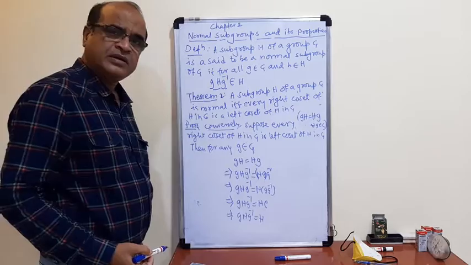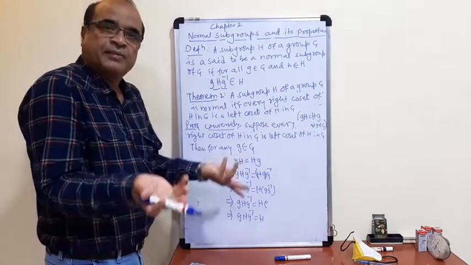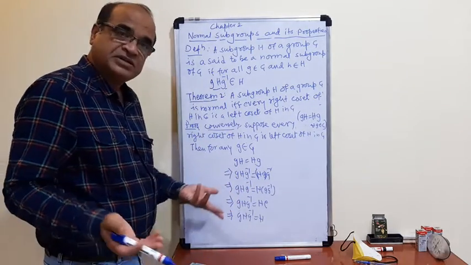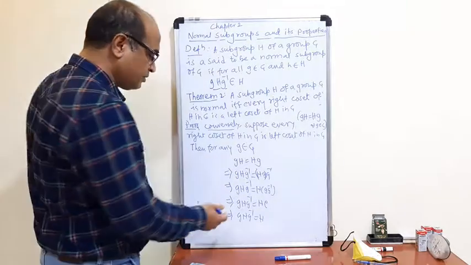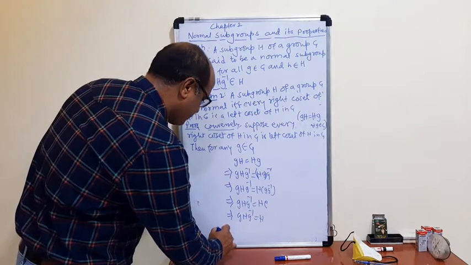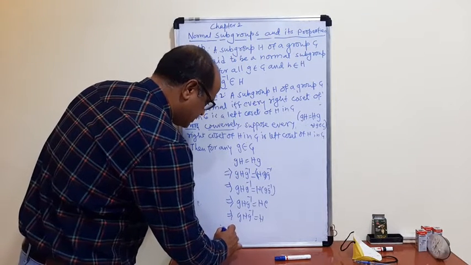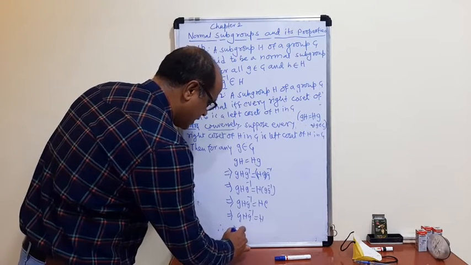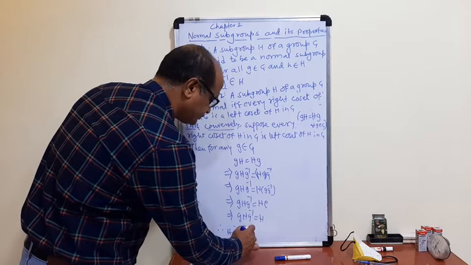This is theorem 1, the definition. With theorem 1, if gHg inverse is equal to H, then H is a normal subgroup, and we prove this. This is the converse part. Therefore H is a normal subgroup.